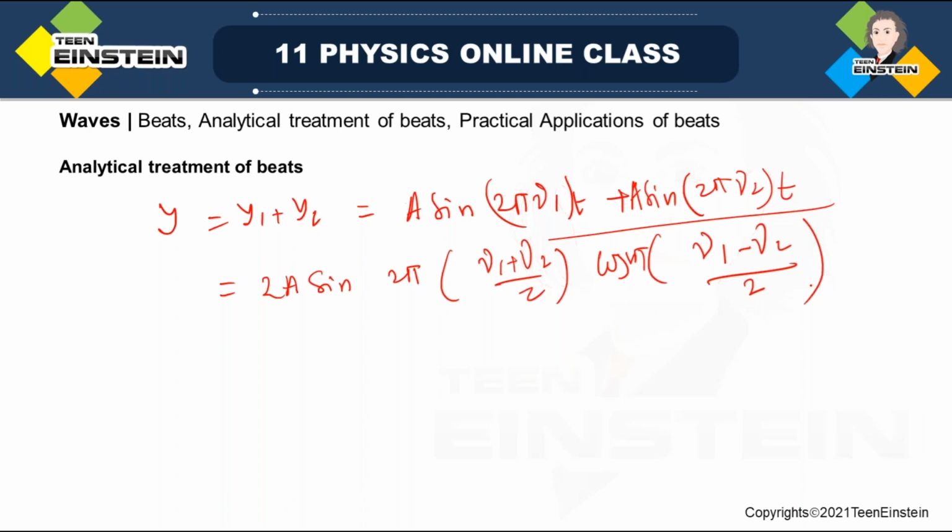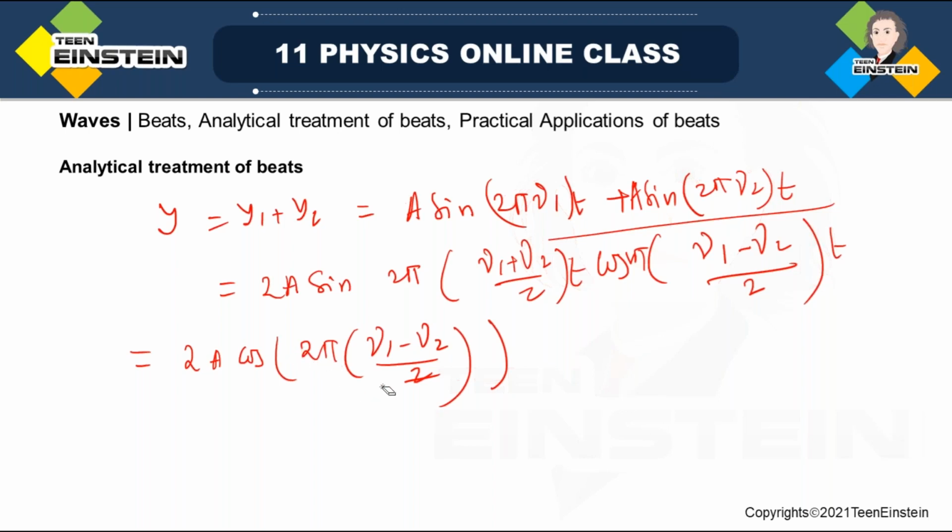If we rearrange this, taking the common factor 2 pi, we get 2a cos(2 pi (nu1 - nu2)/2 t), along with the sine part.